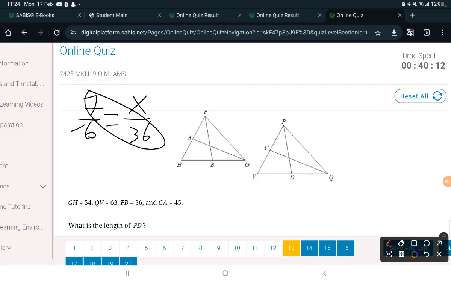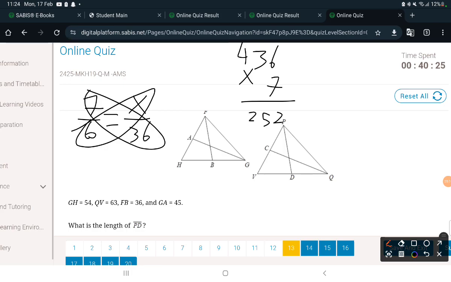Cross multiply. 36 multiplied by 7. 6 multiplied by 7 is 42. 7 multiplied by 3 is 21, plus 4, 25. And then 6 multiplied by x is 6x. So 252 equals 6x. 252 divided by 6.